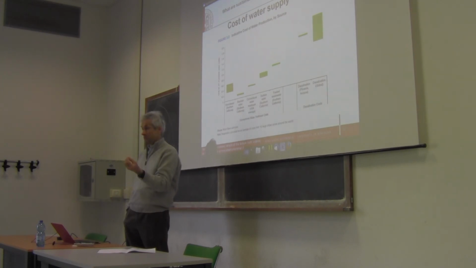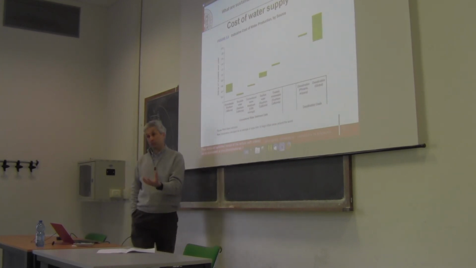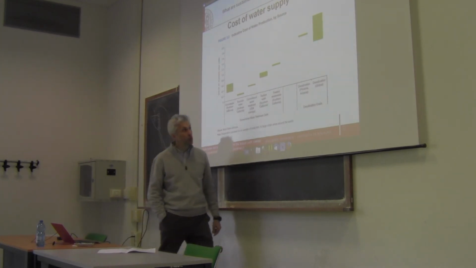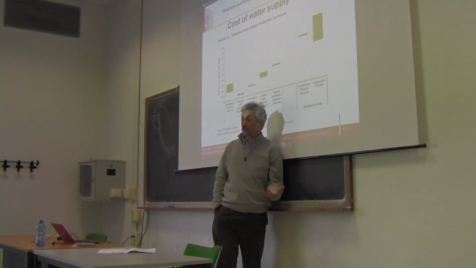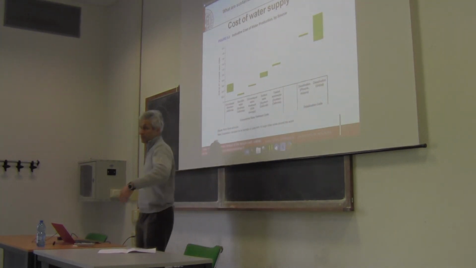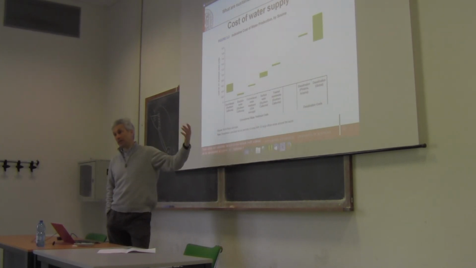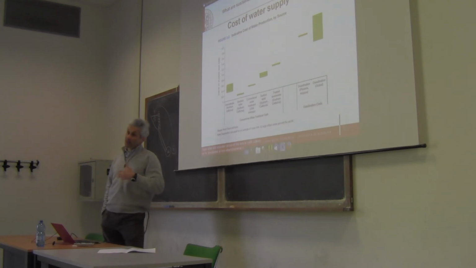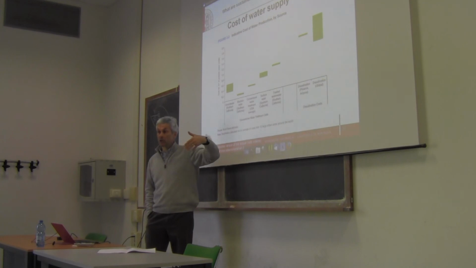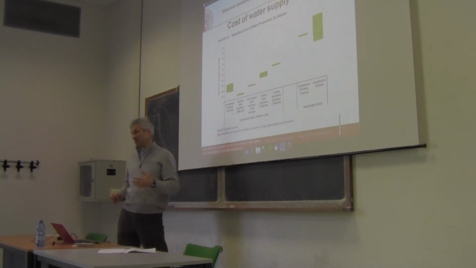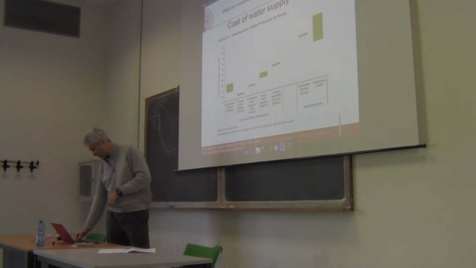But in general, for instance in Italy, groundwater is more expensive with respect to surface water. And if you look at desalination, you see by far the highest cost. This is the reason I mentioned before why desalination is still not an option at large scale. Besides the costs, it's not an option because it takes a lot of time. So it's still not feasible.